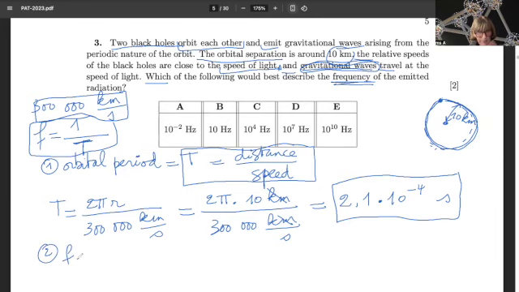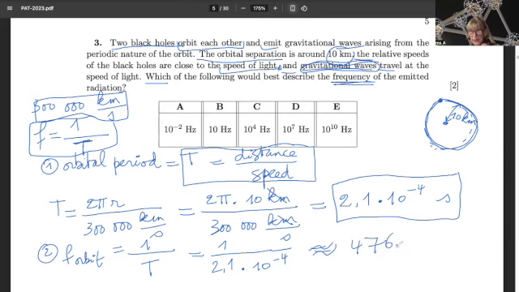F orbit, let me write it like this, is 1 divided by T, so it is 1 divided by 2.1 multiplied by 10 to the power of minus 4. And the frequency is calculated in hertz, so our units will be hertz. If you calculate this, you will find more or less 4,760 hertz. If you have something else, please let me know, Elçin, then we will check where the difficulty is.